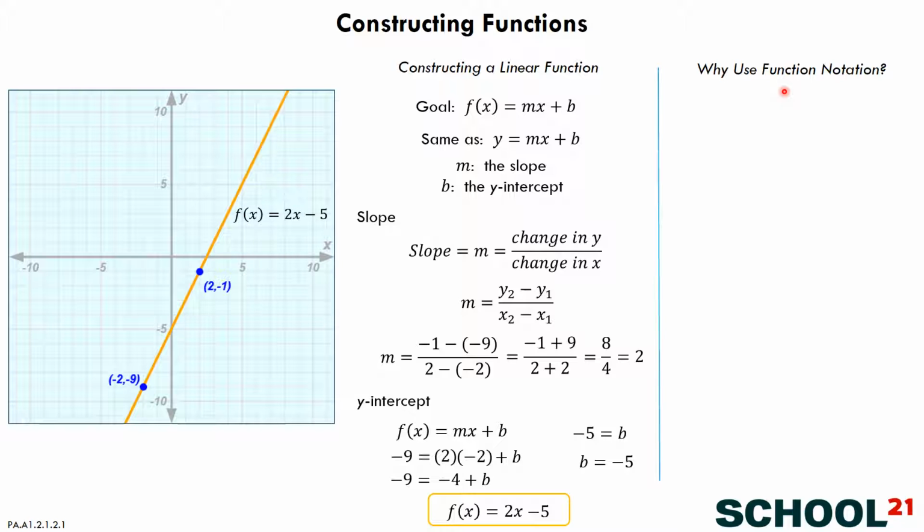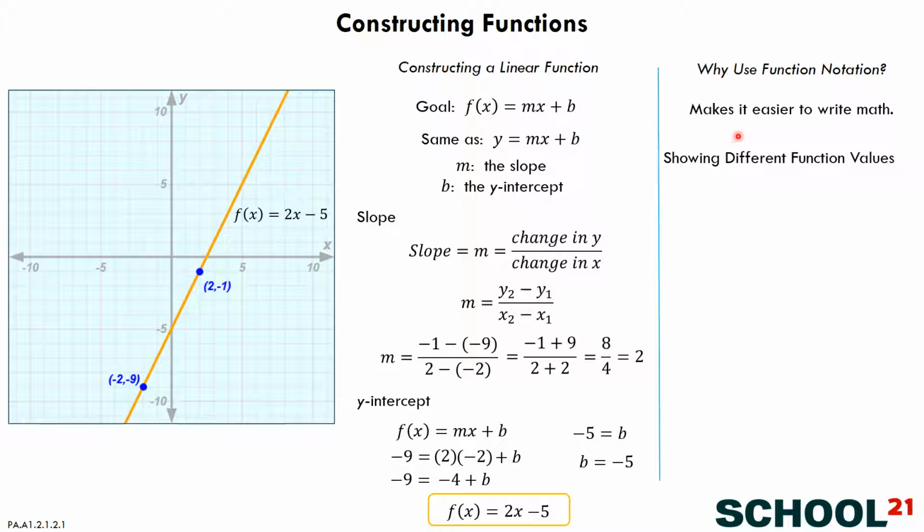One reason that we write function notation is to make it easier to write math in general. So I went ahead and took our function here and wrote it by our line over here. We can write the different values on this line.